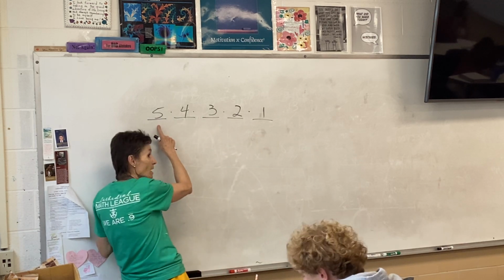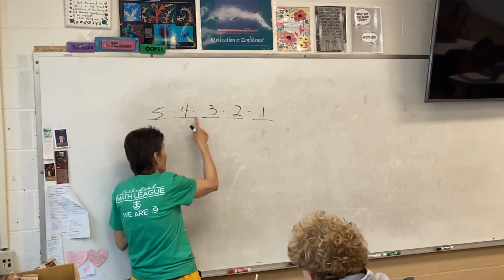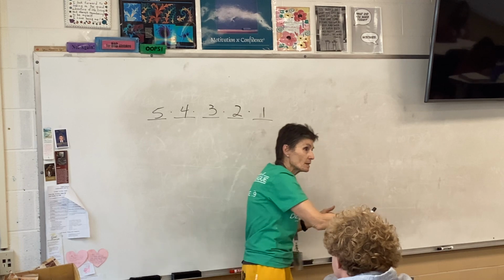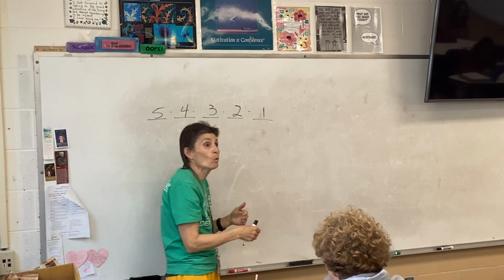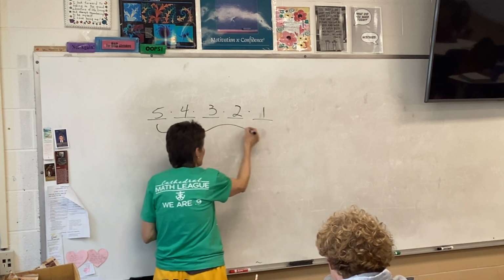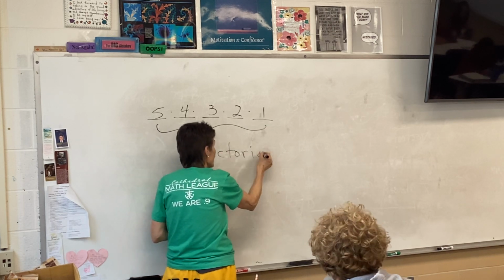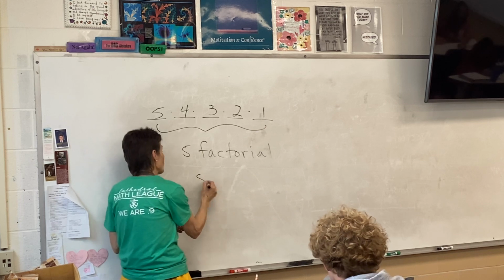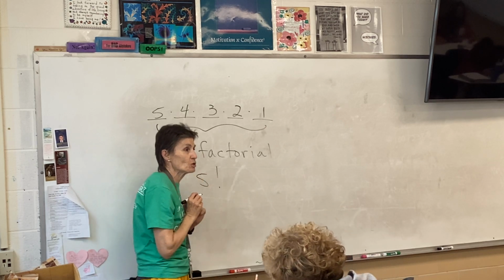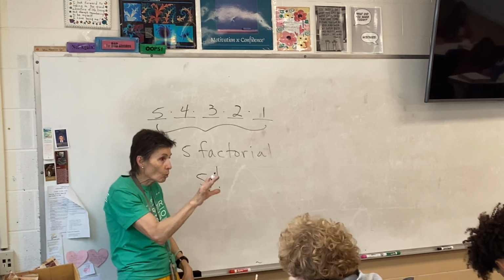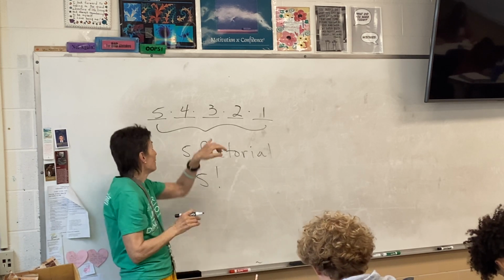When you start with a number and multiply by each successive lower number, we call it factorial. This right here is 5 factorial, and the symbol for factorial is the exclamation point. So 5 factorial means this.